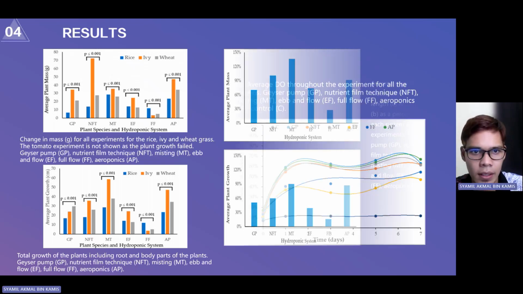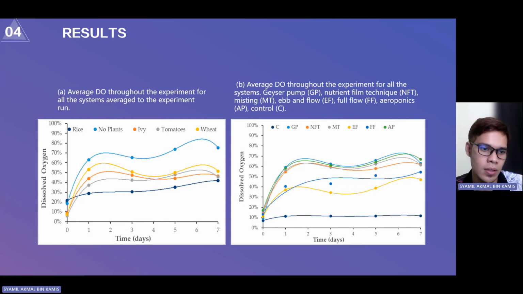The next slide for the result is about dissolved oxygen. Part A is the average dissolved oxygen throughout the experiment for all the systems. Part B is the average dissolved oxygen throughout the experiment for all the systems: pump, natural film technique, misting, ebb and flow, full flow, aeroponics, and control. The graph shows dissolved oxygen with time in days.